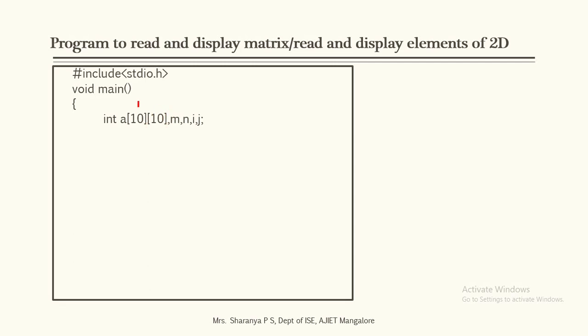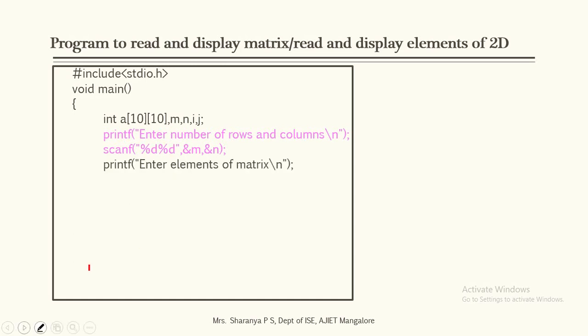It is the maximum size, and here we are using m and n to specify the number of rows and columns given by the user. i and j are the variables used to run the two loops. Here first we are taking the values of rows and columns from the user, and we are storing them in the variables m and n, using the format specifier accordingly. Enter the elements of the matrix.